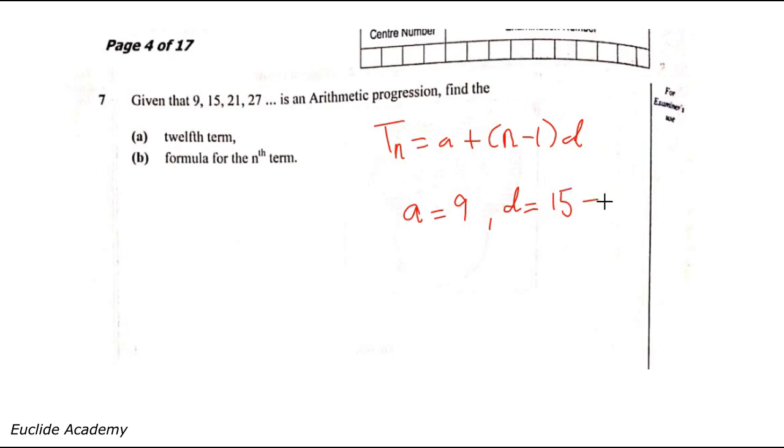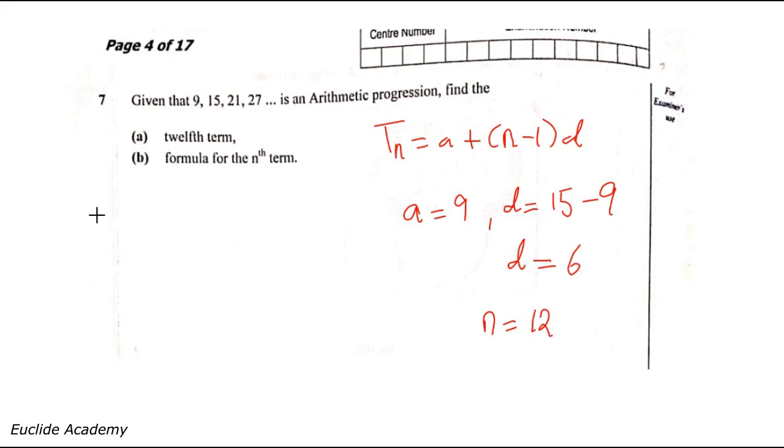Or the other way is you can just subtract the preceding term, the term which is in front, minus the term which is behind. From 15, the behind value is 9, so we say minus 9, so d equals 6, which is the common difference. Or if you want, you can say 27 minus 21, that is also 6. So we have a equals 9 and d equals 6.